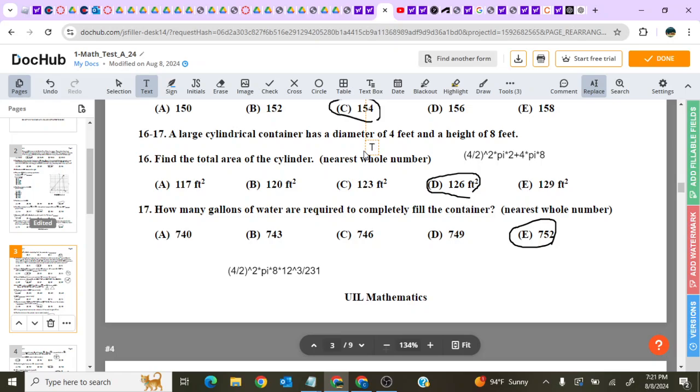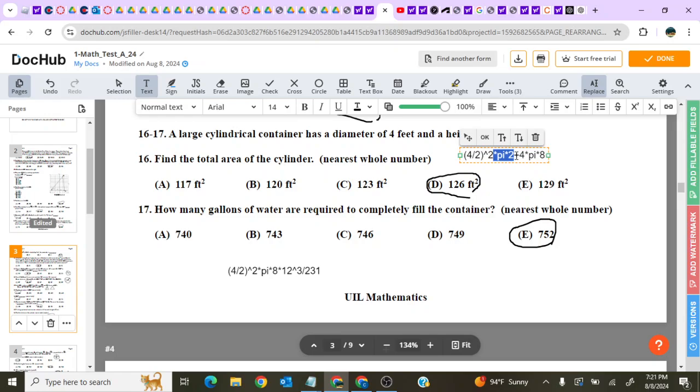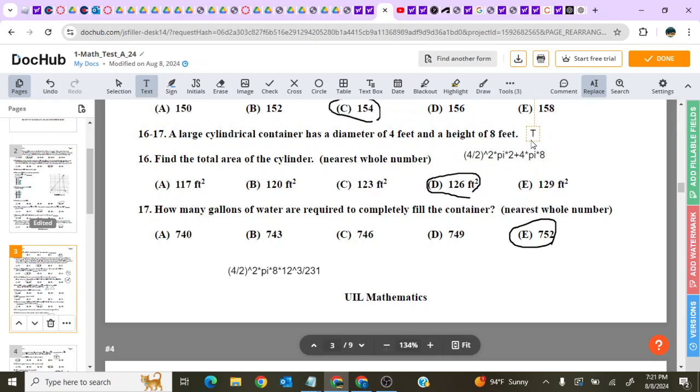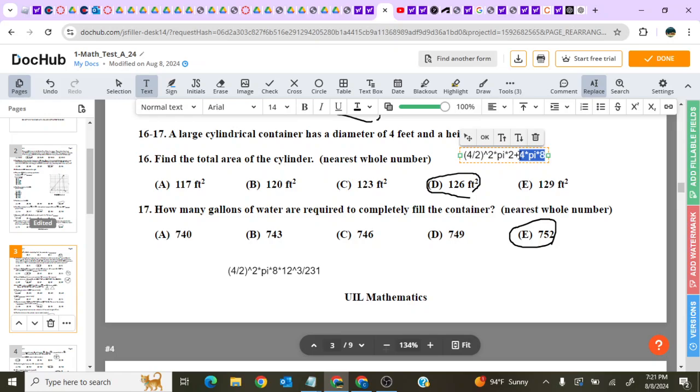So you need your area of a circle equation: 4 feet over 2 squared times pi, times the 2 circles. And then your equation for the curved piece of the cylinder, which is the circumference of the circle at the top or bottom multiplied by your height. So your circumference of 4 times pi, multiplied by 8. Do that, and you get a value of 126 feet squared.